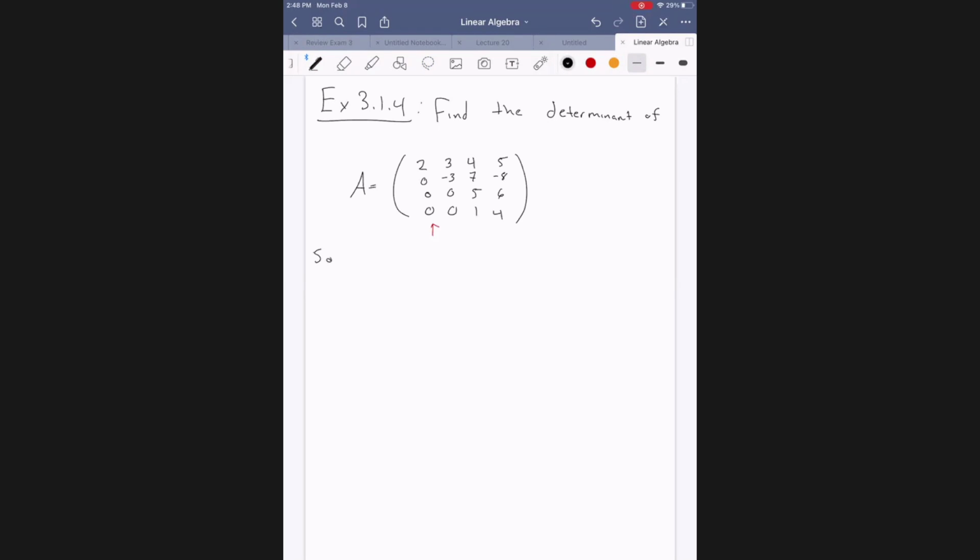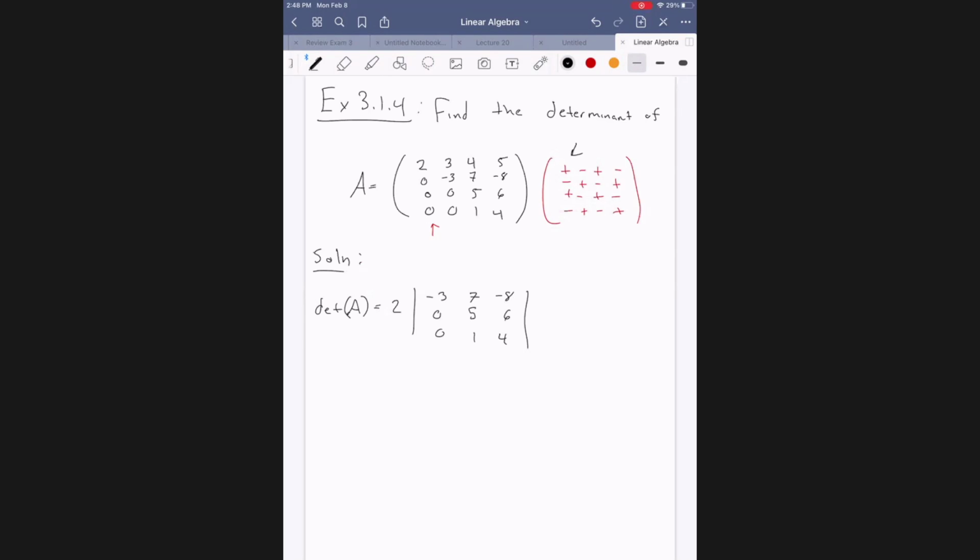So, solution. Again, let's make our checkerboard: plus, minus, plus, minus. So the determinant of A is going to be equal to, well, the first one right here has a positive sign, so it's going to be 2 times the determinant of negative 3, 7, negative 8, 0, 5, 6, 0, 1, 4, right?